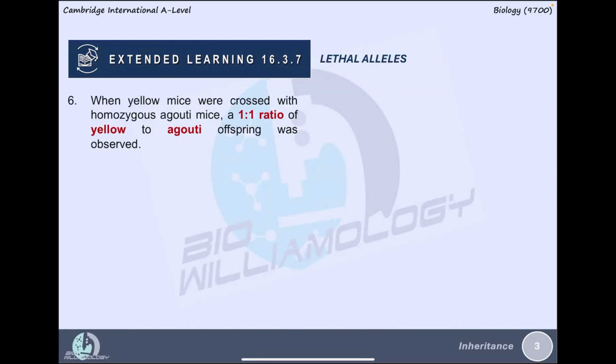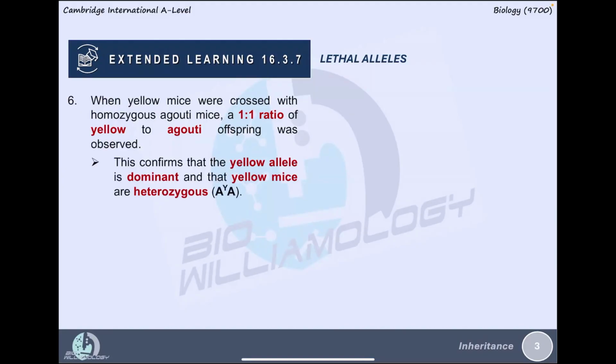Because if the yellow allele were recessive, then the agouti allele must be dominant, and a homozygous agouti dominant parent will not produce a 1-to-1 ratio of yellow to agouti offspring. So from the cross here, we are very sure that yellow mice must be heterozygous and the yellow allele must be dominant. Yes, this result confirmed that the yellow allele is dominant and yellow mice must be heterozygous.